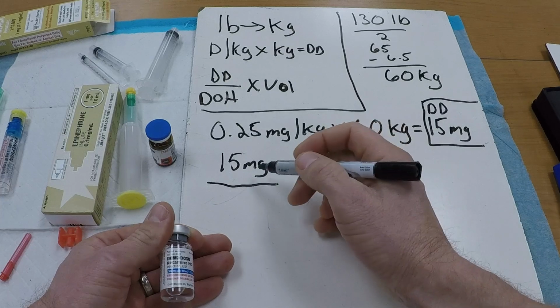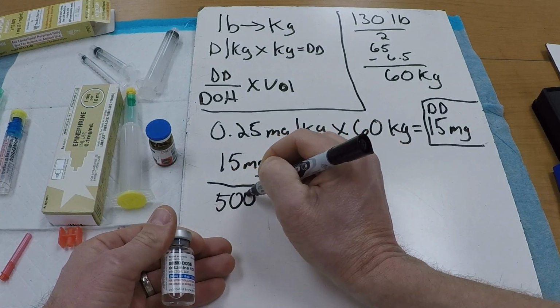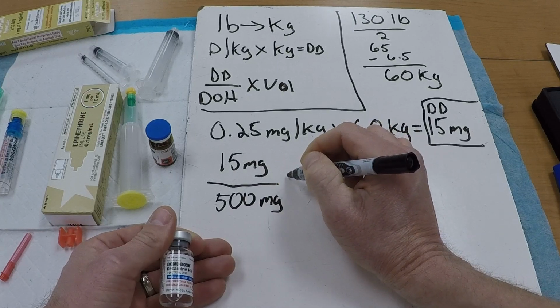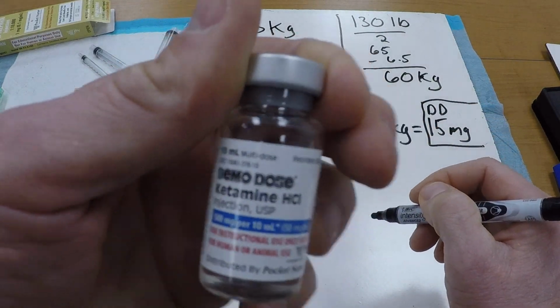Our desired dose is 15 milligrams, dose on hand is 500, and our volume is 10 milliliters.